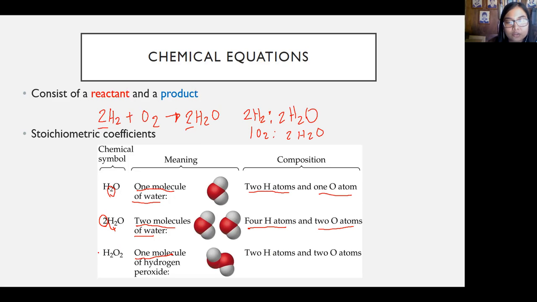So pag binagyan ko na ng 2 dito, that would be 2 molecules of hydrogen peroxide. So this consists ito ng 2 hydrogen atoms and 2 oxygen atoms. If nilagyan natin ng 2, magiging 4 H atoms, magiging 4 oxygen atoms. So that should be clear.